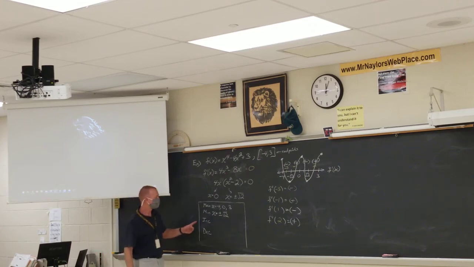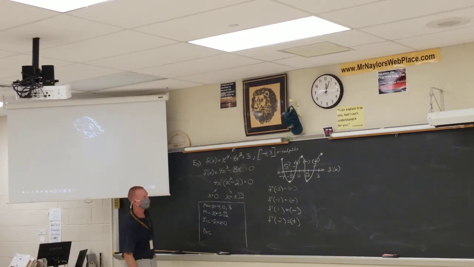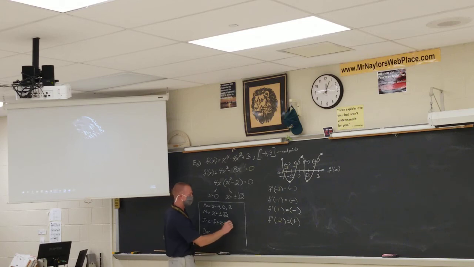And then do you realize that this increasing, decreasing is just another way to describe a positive and negative slope? Okay, so we had a positive slope from negative root 2 to 0. So negative root 2 is less than x is less than 0. And then we had a positive slope from positive root 2 over to 3.